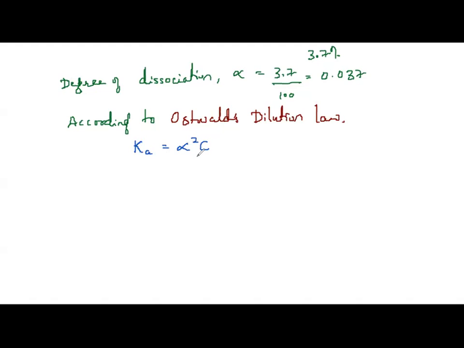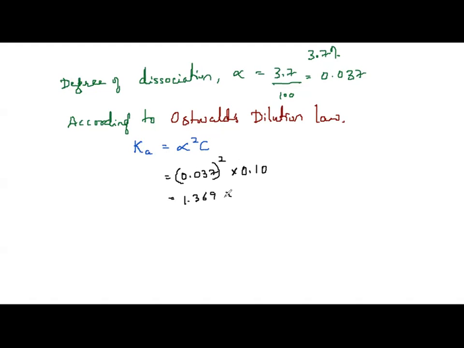Solve it out. So alpha is how much? 0.037, the whole square, into what is the concentration given?